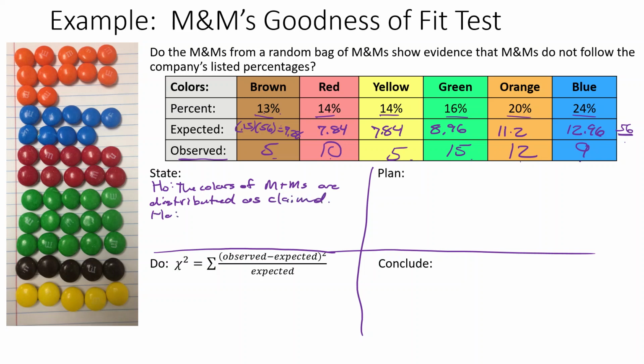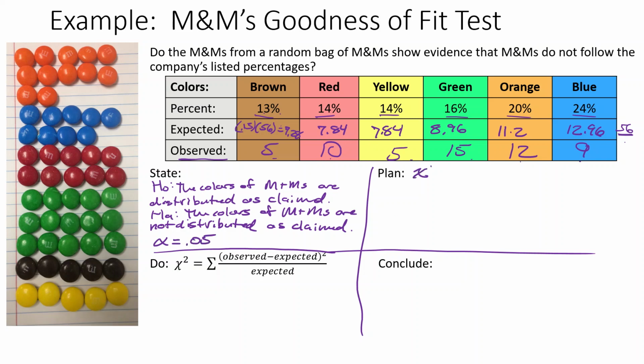The alternative is the colors of M&Ms are not distributed as claimed. All right, or you could say that one color is different. At least one color is different from what's claimed. That would also work. They didn't give us an alpha value, so let's go ahead and just pick 0.05.